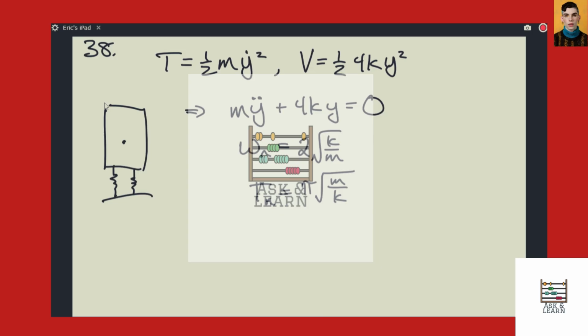This problem is oddly trivial, but anyway, so the kinetic energy of this is 1/2 m y dot squared, where y is the vertical velocity.